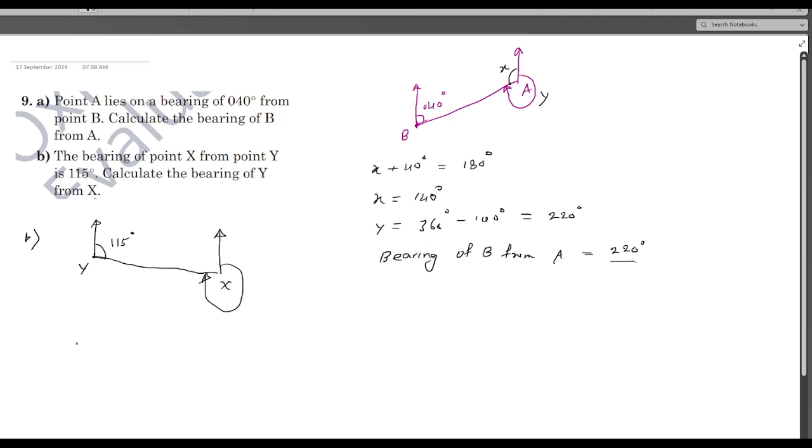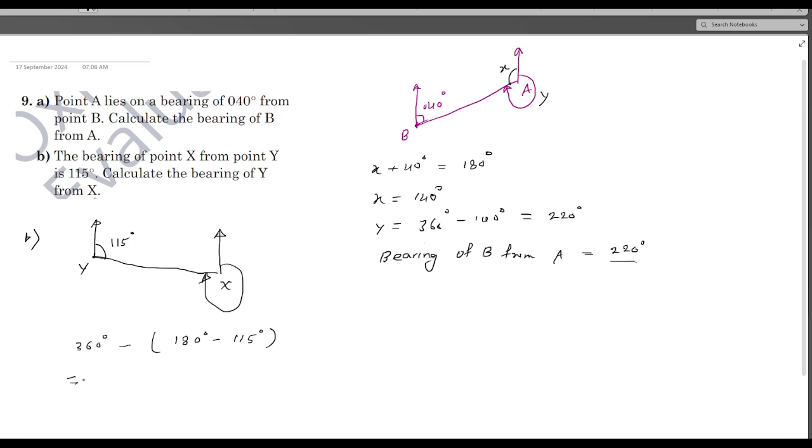So this bearing is 360 degrees minus, in bracket, 180 degrees minus 115 degrees. These 2-3 steps I write in one step.